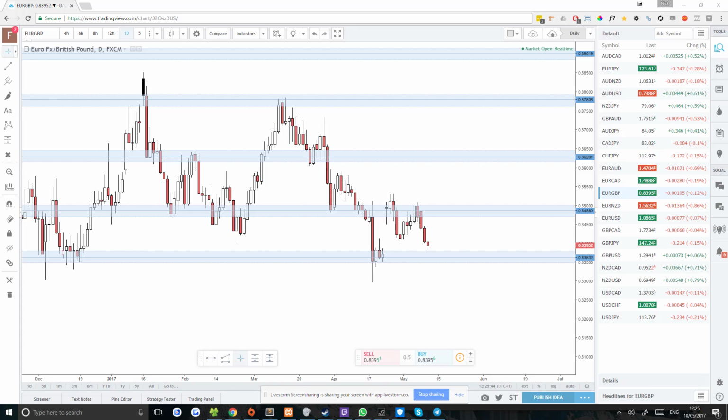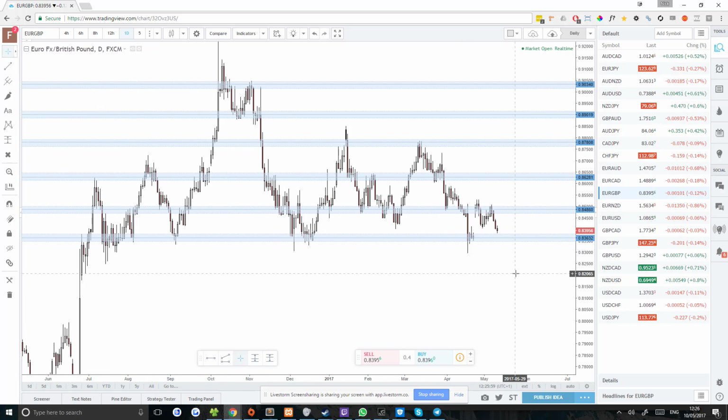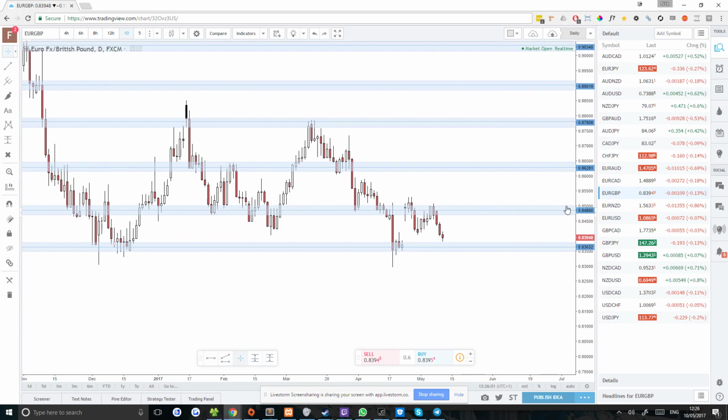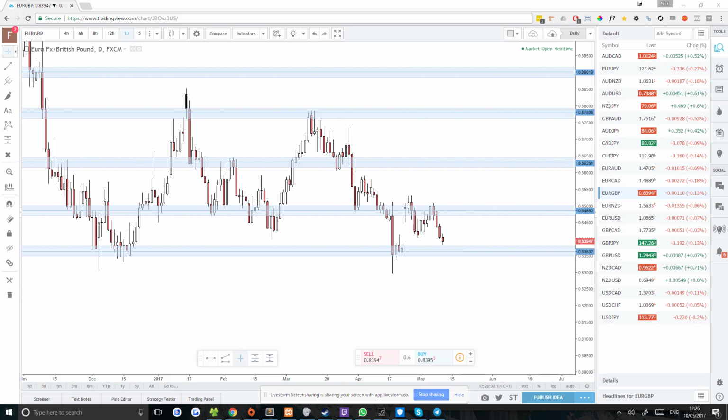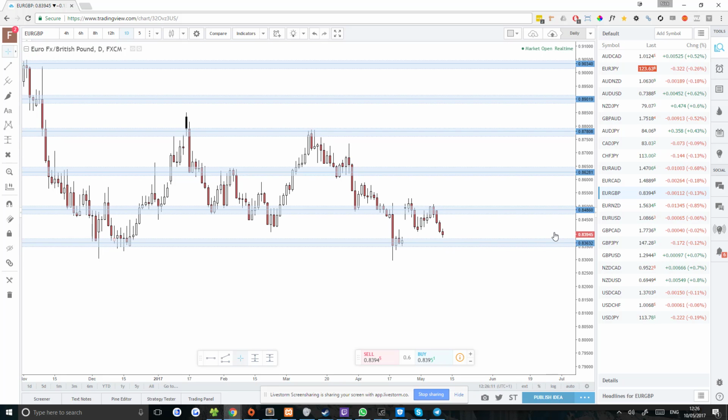My point is, over the next few days and over the next potentially even next week, we need to keep a very close eye on this 83.60 because this can give us a really nice trade. Ideally, what I would want to see, what would be really nice, is for price to break below here, pull back up, then we can get into a nice continuation trade and ride price down for quite some time. So keep a close eye on the 83.60.